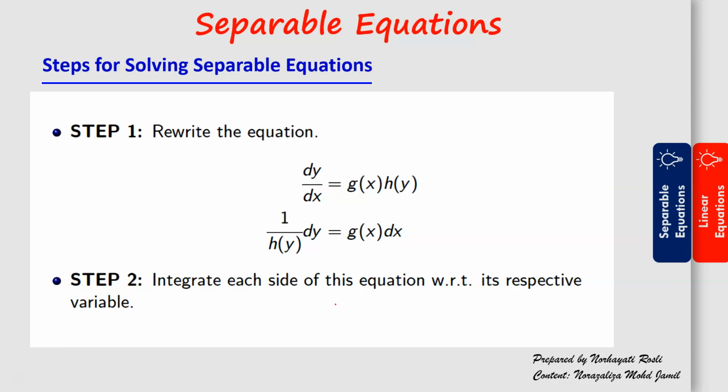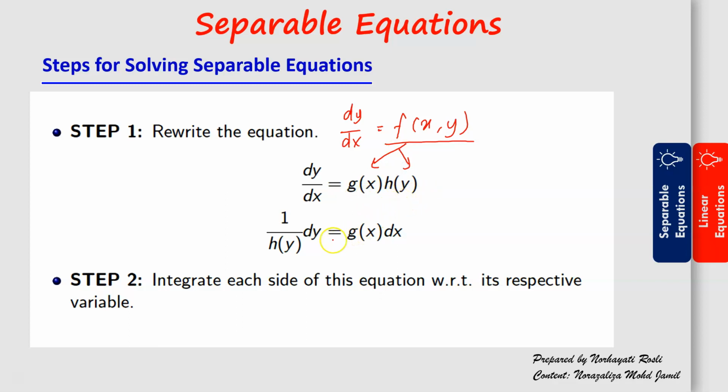So here there are two steps. The first step, you need to rewrite the equation in terms of a separable equation. That means if you have dy/dx equal to a function of x and y, you need to factorize this function such that it can be written as g(x) times h(y).